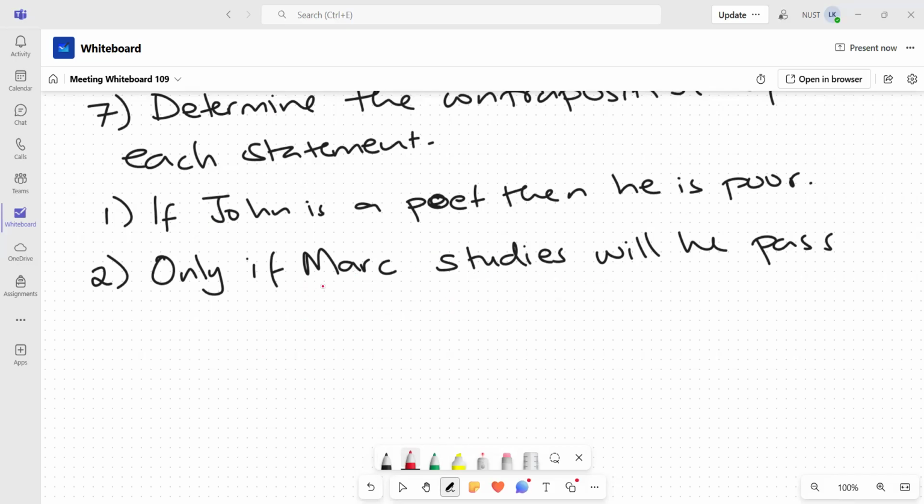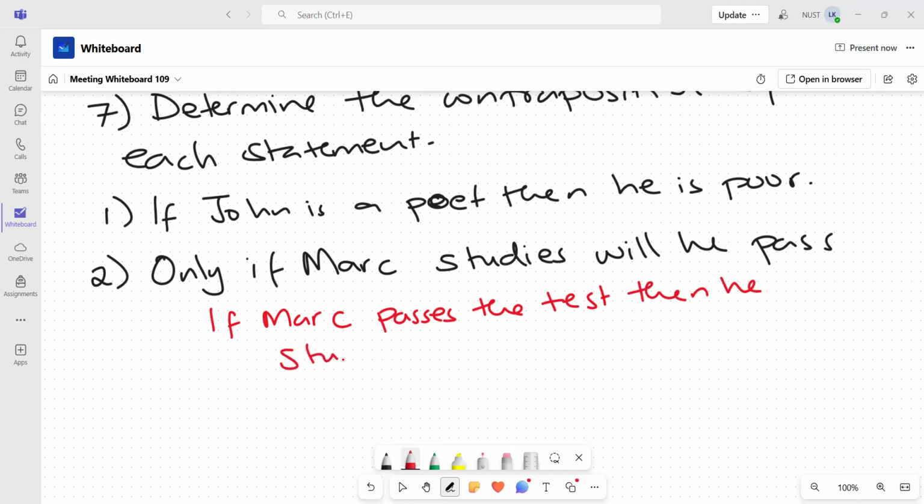So this is the same thing as saying, if Mark passes the test, then he studied.